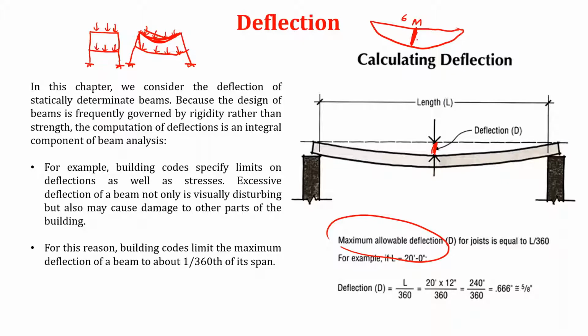That's it. So, for this reason, building codes limit the maximum deflection of a beam to about 1 over 360th of its span. So there you go. Okay?